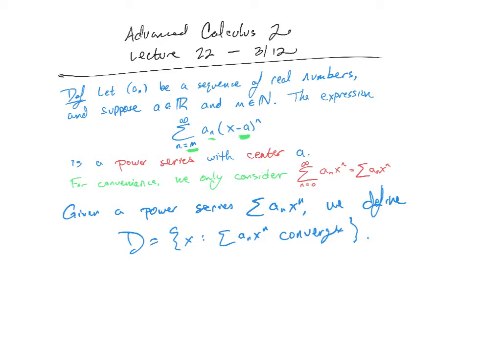So since the power series converges on the domain, on the set D, we can take it to be a function there. So that's D into R.